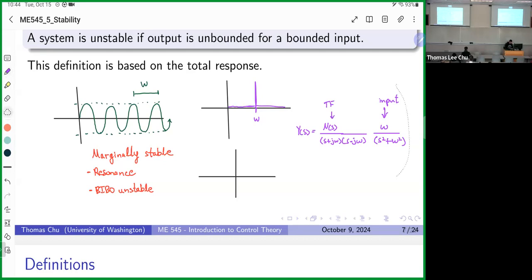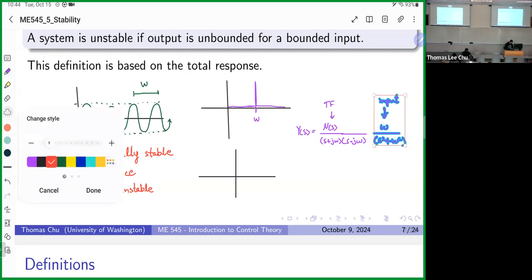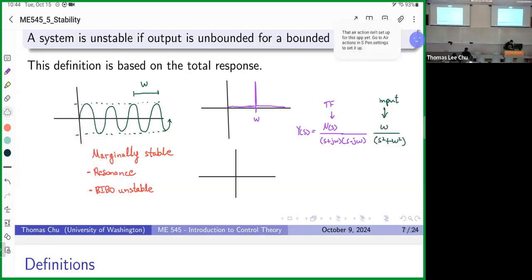Let's do different colors to highlight poles. So I'm going to have a pair of complex conjugate poles here. This is the pole zero map. And then I'm going to have a second pair from the input here as well.